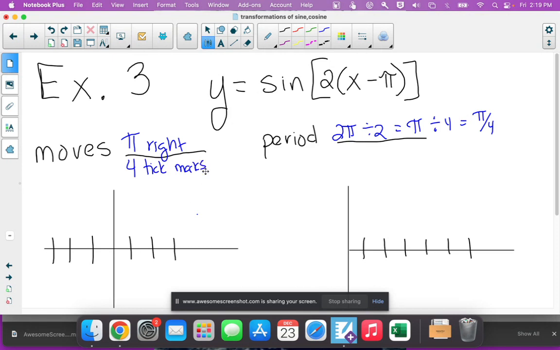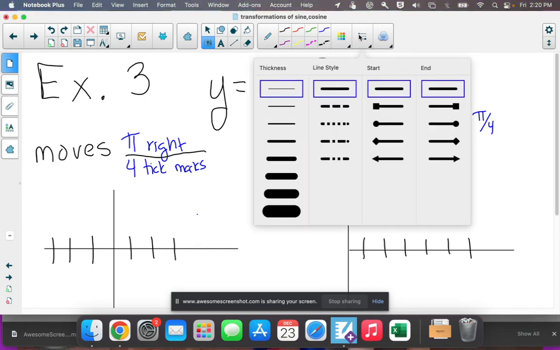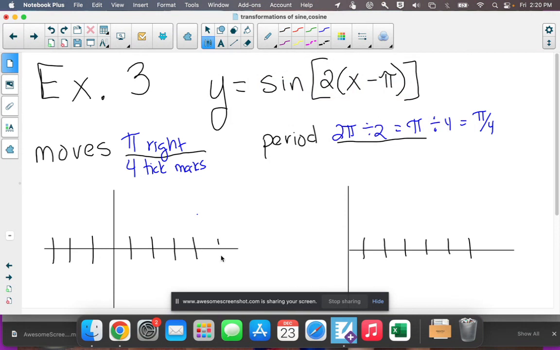Okay, so 4 tick marks. All right, so let me add a couple more marks on this just to make sure we have enough. Okay, so if we are moving this 4 tick marks to the right, and again, let's just say we ignore the phase shift right now and you were just to graph this with a period change, okay?